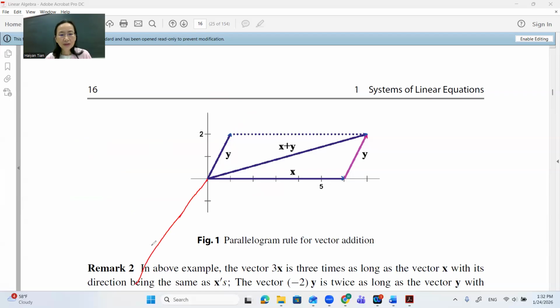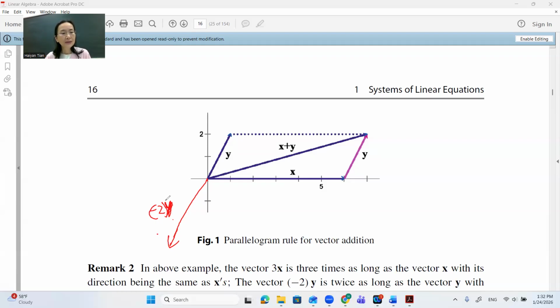So we will be able to portray that. For a given vector, you can multiply it by a scalar, and the geometric meaning is: if it's a positive scalar multiple of y, then it's in the same direction as y.